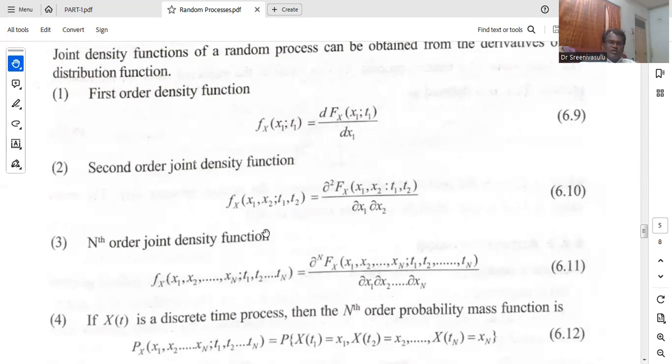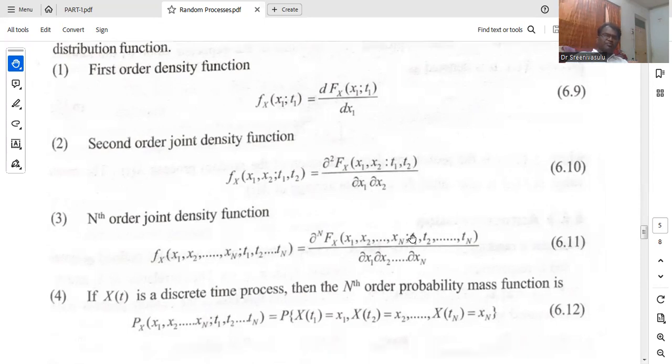So we write f_X of x1 comma x2 and corresponding t1 comma t2, where t1 is related to x1 and t2 is related to x2, equal to the second derivative of the distribution function: dou square by dou x1 dou x2 of F_X of x1 comma x2 comma t1 comma t2. That is the joint density function.